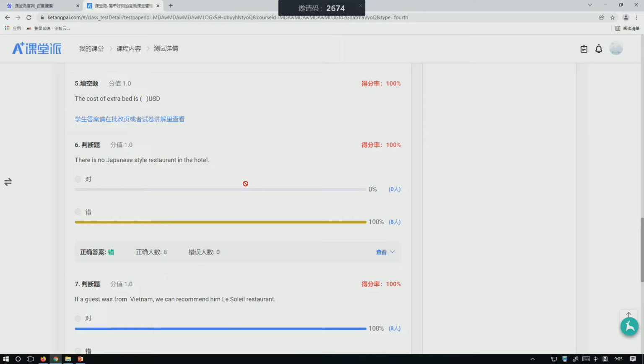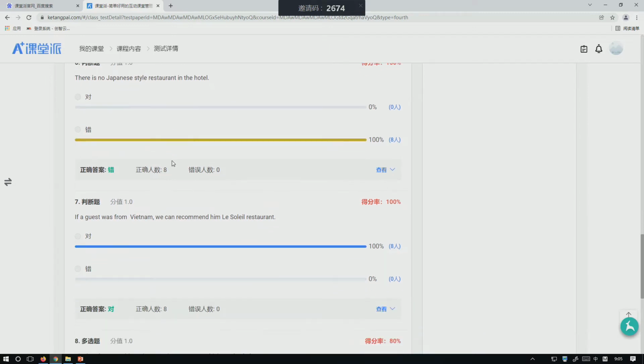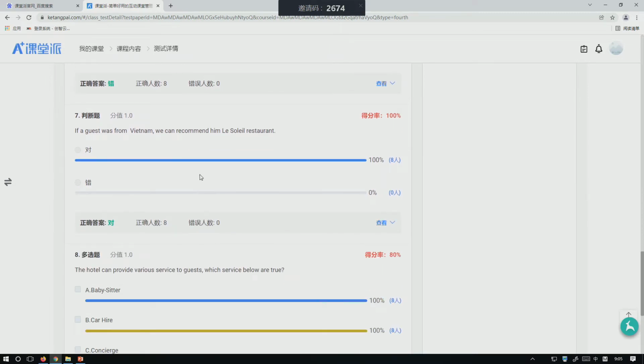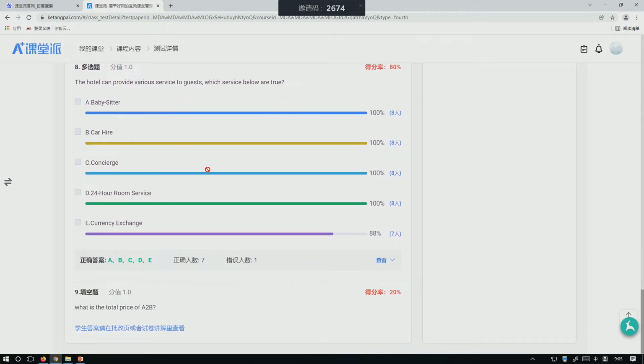And the 6th, here is indeed a Japanese style restaurant. So the 7th, of course, yes. And the 8th, oh, one of you got the wrong answer. All of the other answers are right. And the last one, only 20% of you are right.